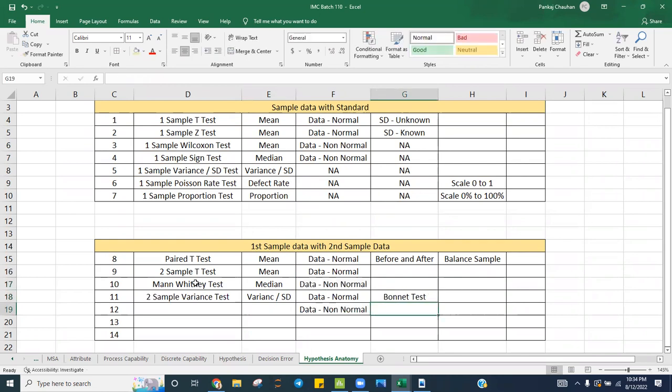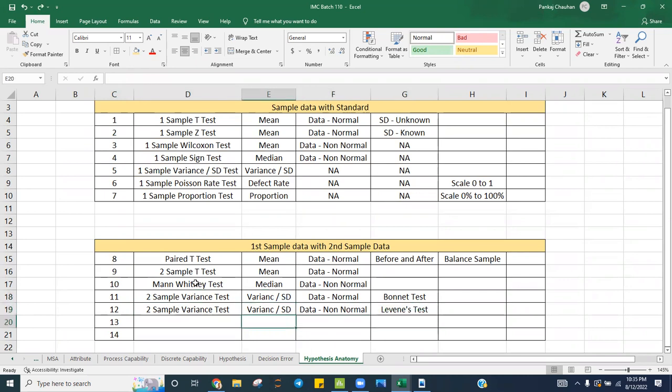If data is not normal, you will be looking at the p-value of Levene's test. You are performing only one test, the two sample variance test. It will give you both p-values. If your data is normal, then Bartlett's test. If your data is not normal, then Levene's test.